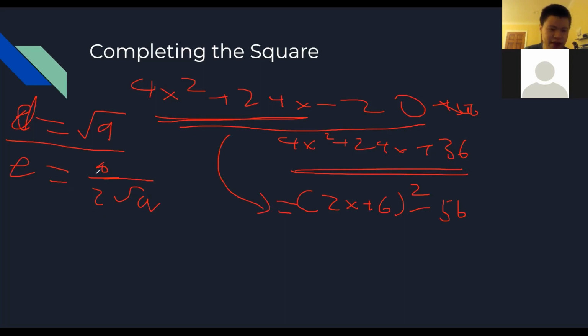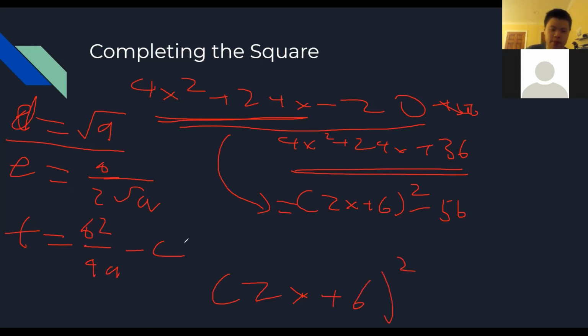If you want to carry out this way, then d equals 2, e equals 24 over 2 times 2 is 6, f equals 36 over 4 times 4.